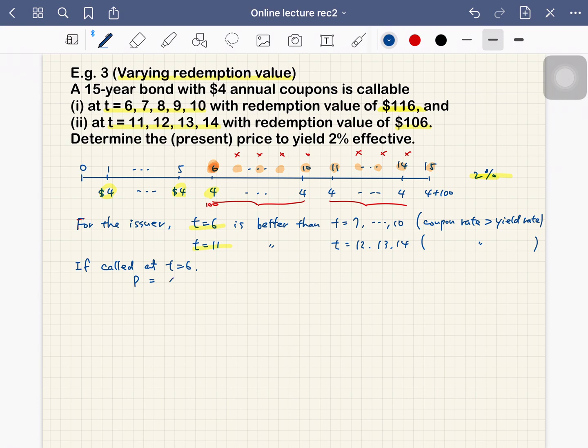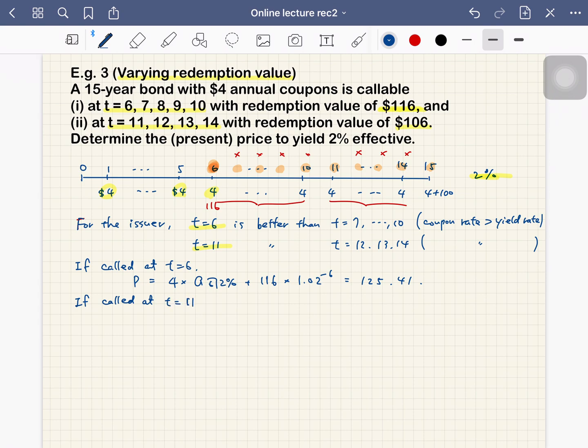So P = 4 times a angle 6 at 2%, plus 116, sorry, not 100, 116, because the redeemed value is 116 at time 6. So 116 times 1.02 to the power negative 6. This is the present value of the redemption value. So this becomes 125.41.